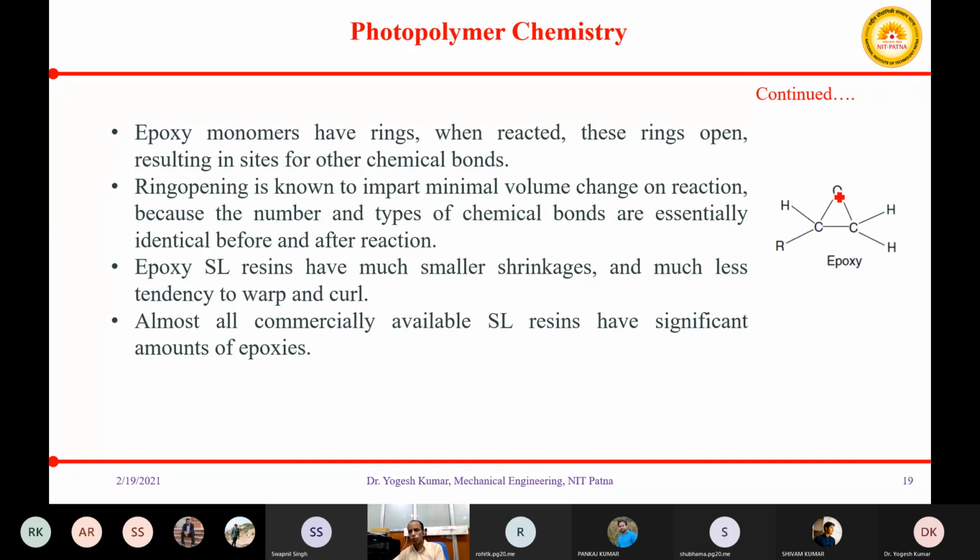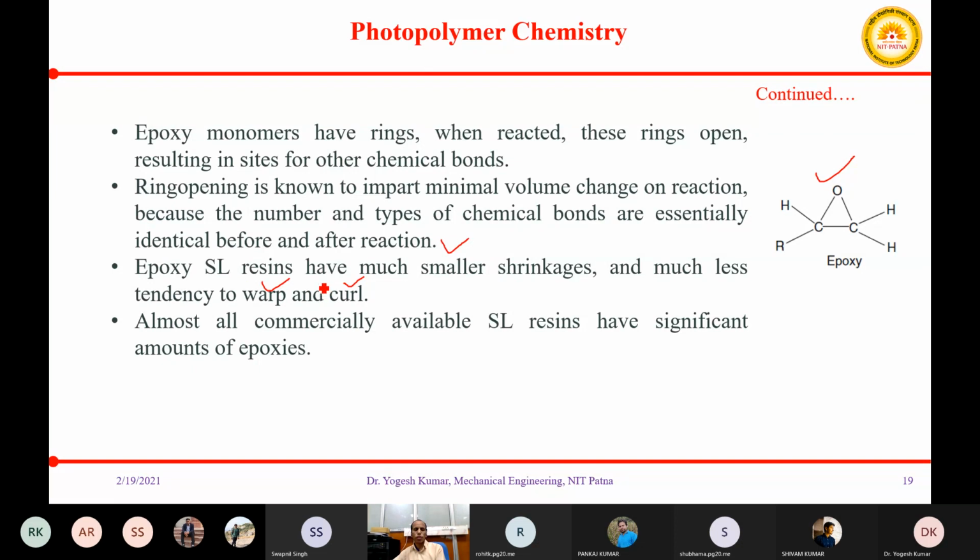So as soon as your UV radiation falls on this epoxy resin, this ring reacts, and instead of staying closed, it gets opened. The ring opening is known to impart minimum volume change on reaction, because the number and types of chemical bonds are essentially identical before and after reaction. Epoxy SL resins have much smaller shrinkage and much less tendency to warp and curl.